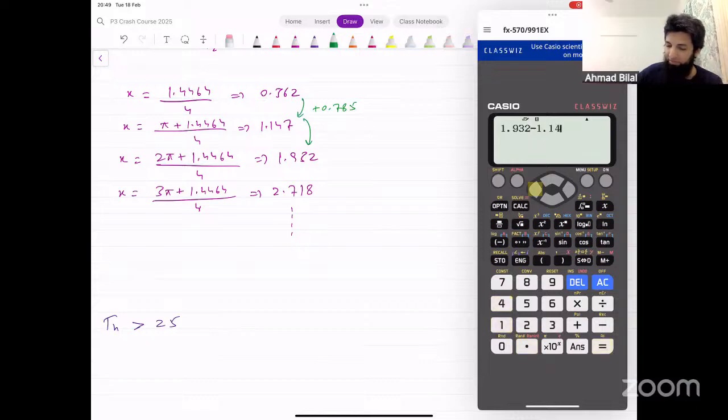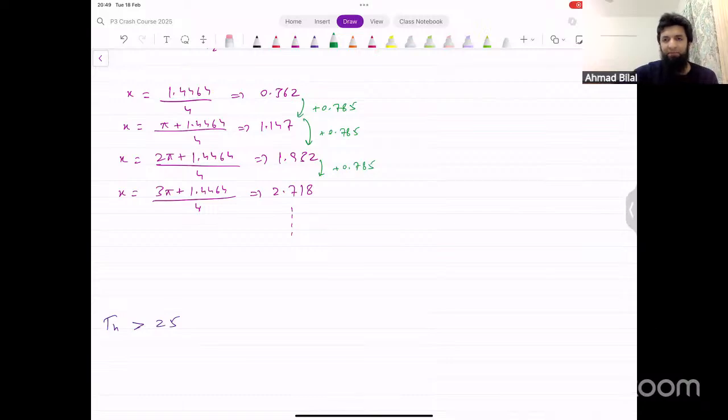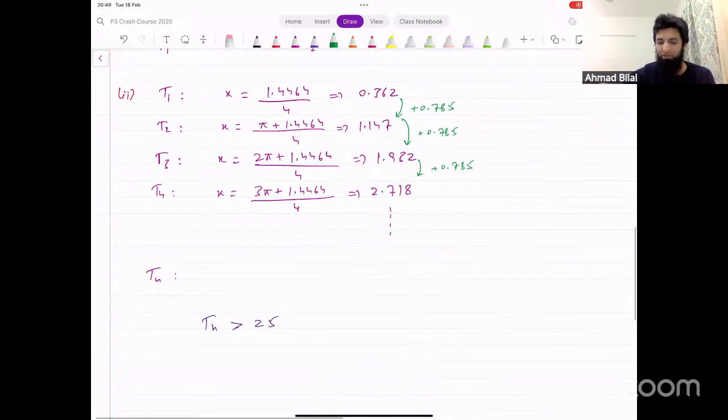What's that? 0.785. And then again, 0.785 or 0.786. There might just be a random error there. But you're adding the same value again and again to get the next one, right?